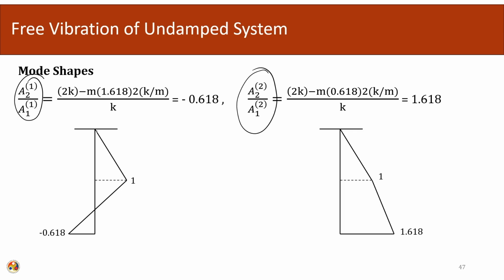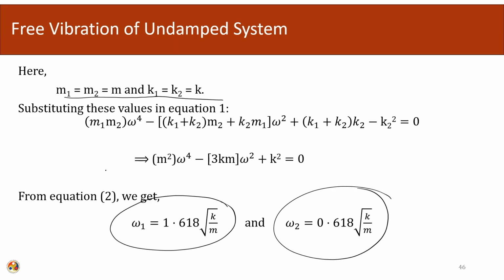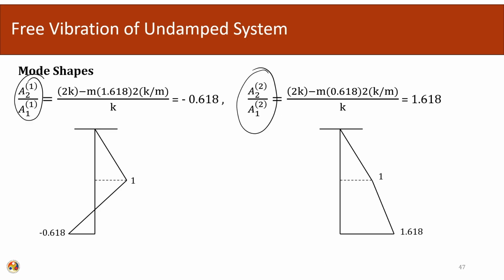In the first mode, what we are seeing is the relative values of x1 and x2. If this one moves 1 unit, this one moves in the other direction, negative this unit.